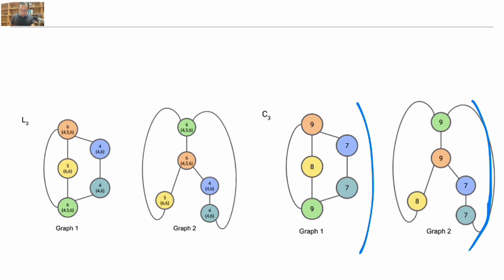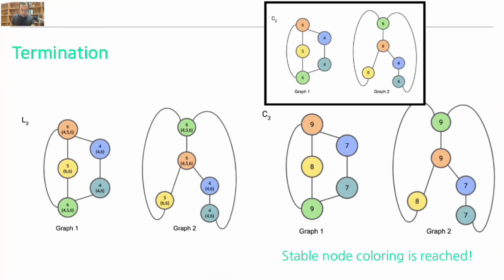In every iteration we see whether the coloring is stable or not. In this case, we see whether the hashed label assignments are stable or not, comparing the hashed labels from C2 and C3.